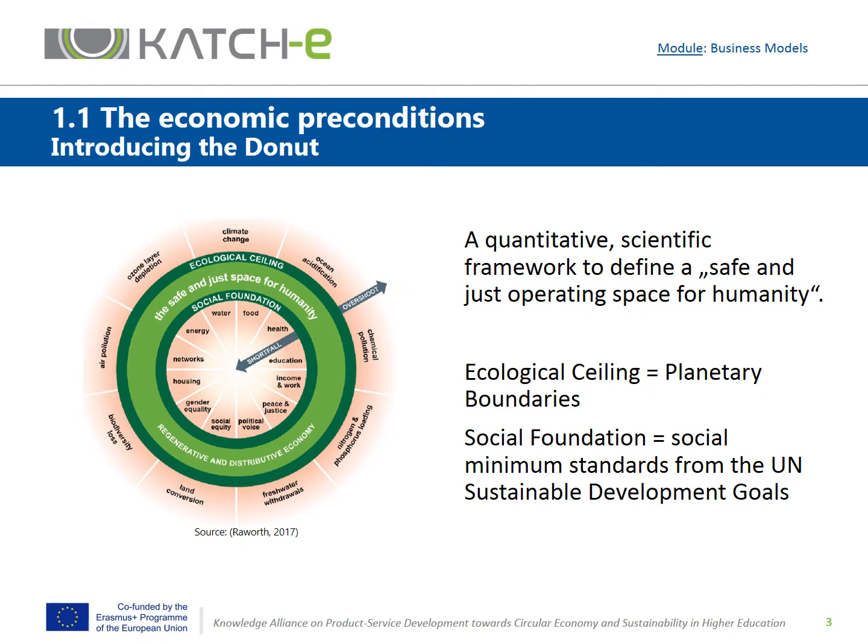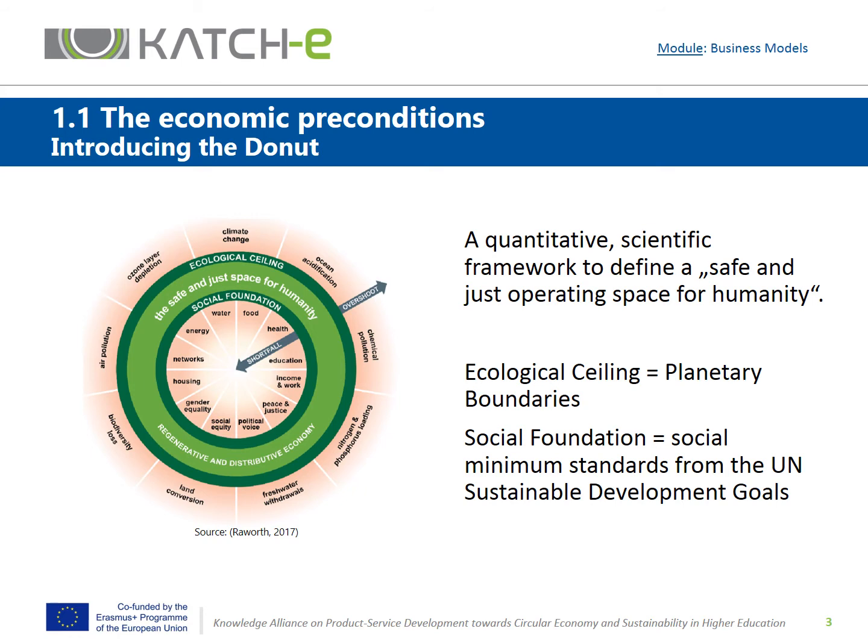The donut is best described as a quantitative scientific framework to define a safe and just operating space for humanity. This operating space is limited by an ecological ceiling on the one hand, represented by the 9 planetary boundaries. The planetary boundaries are a scientific concept describing Earth system process thresholds beyond which lie unacceptable environmental degradation and tipping points.